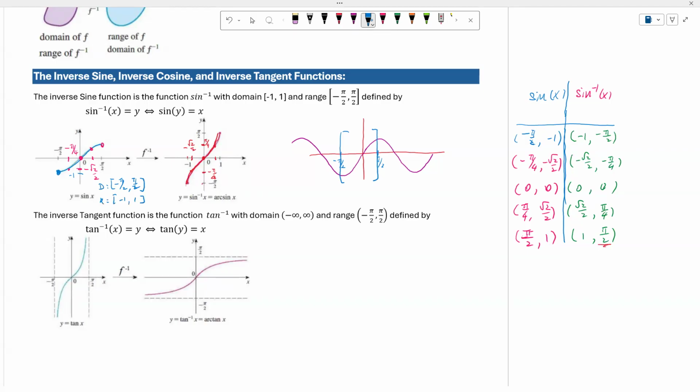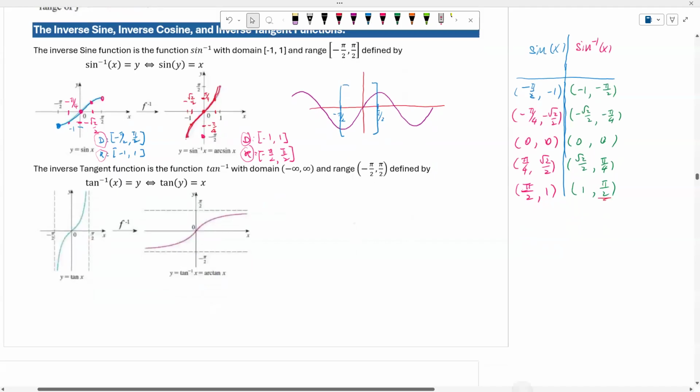However, the domain of the inverse function is negative 1 to 1, and the range is from negative pi over 2 to pi over 2. Do you see that now? Basically, we swap the input and the output when we work with the inverse functions.